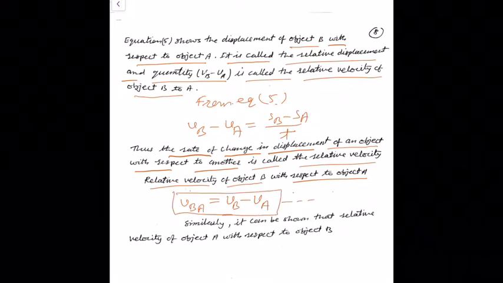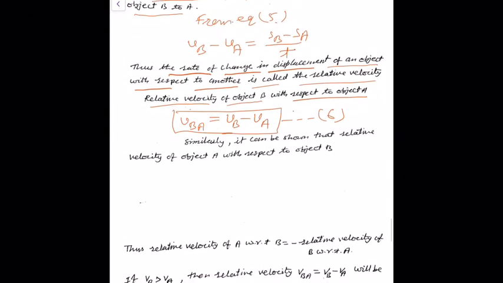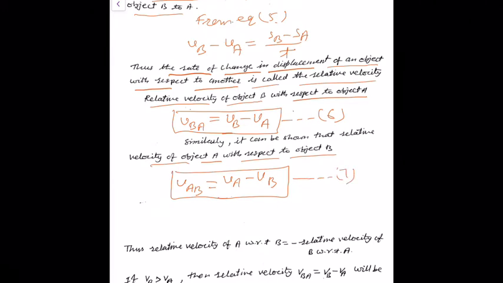It is equation 6. Similarly, it can be shown that the relative velocity of object A with respect to object B, that means VAB, is equal to VA minus VB. It is equation 7.